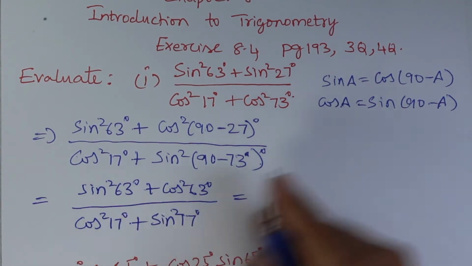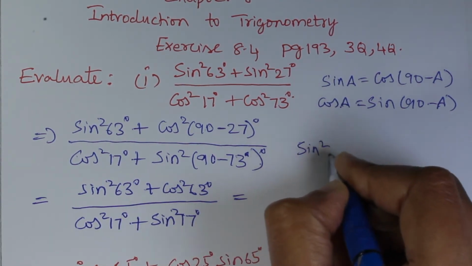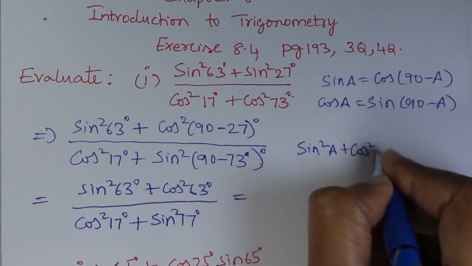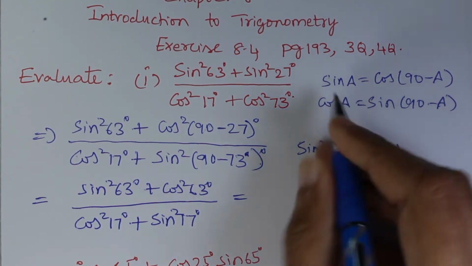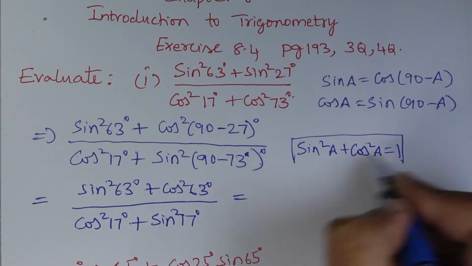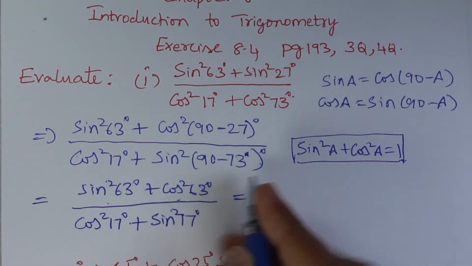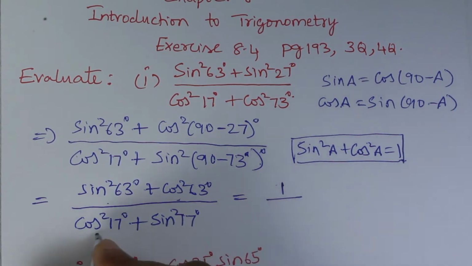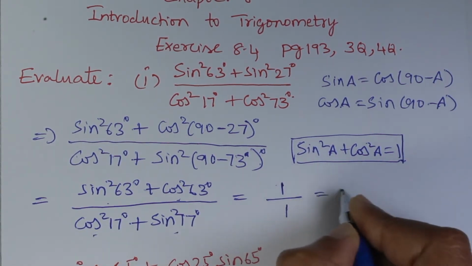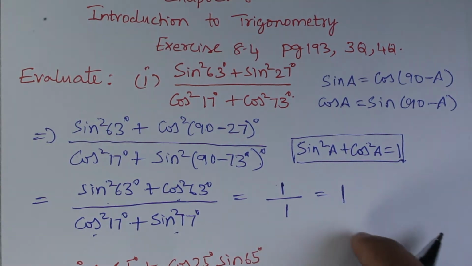We are going to use the identity sin square a plus cos square a is equal to 1. So, sin square 63 degrees plus cos square 63 degrees becomes 1 divided by cos square 17 plus sin square 17 degrees becomes 1. So, the answer is 1.